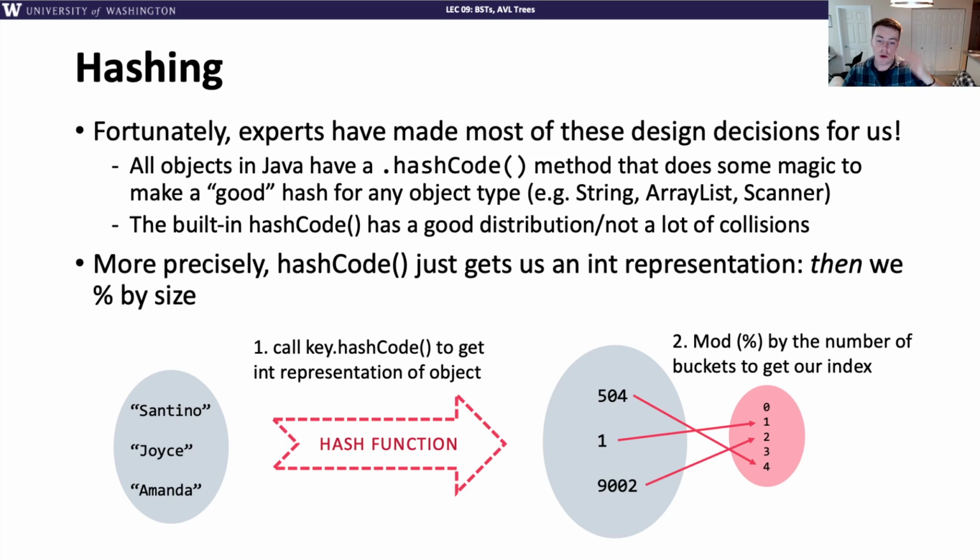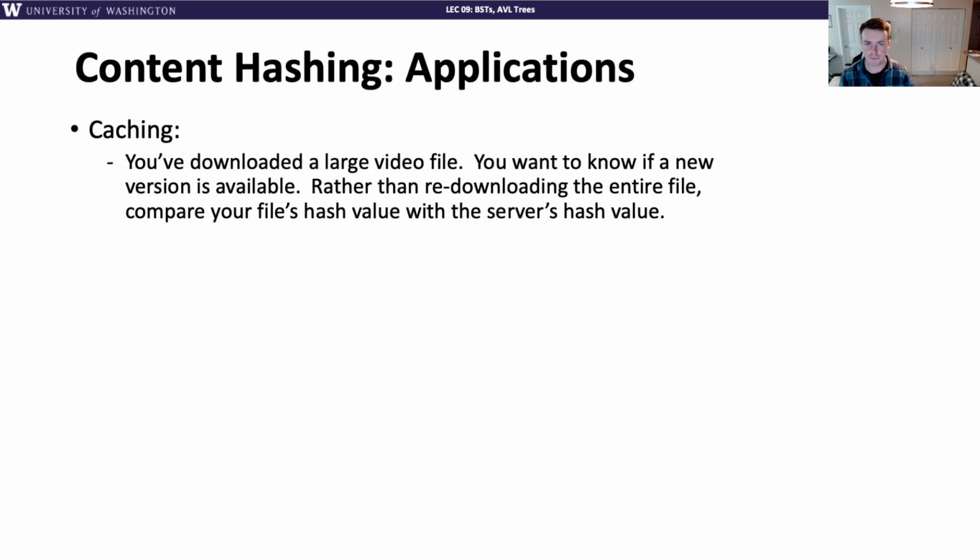It's going to say, oh, the string Santino is like the number 504. But we, as the implementers of the hash table, still need to constrain those gigantic integers to our table size. So there's usually a two-step process: you call the object's hashCode to get the int representation, and then we mod it by the number of buckets to get the right index.